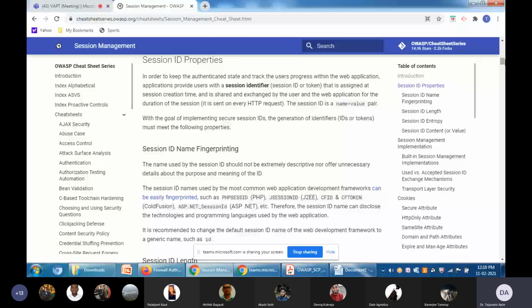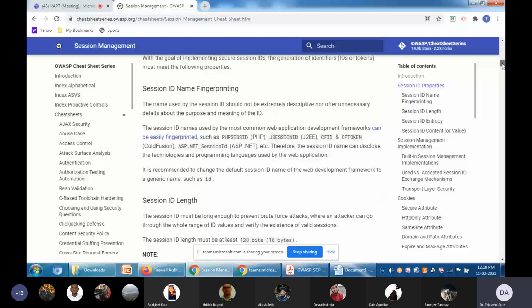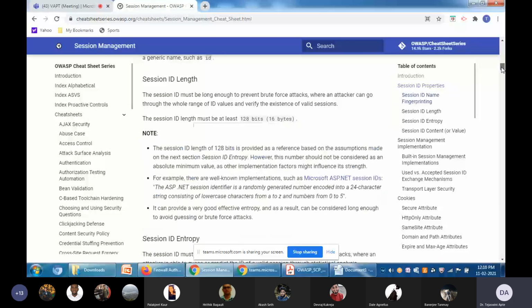So in that sense, you need to understand how exactly the session can be limited for one particular user, or how exactly the session ID is created, which could be vulnerable to attacks.